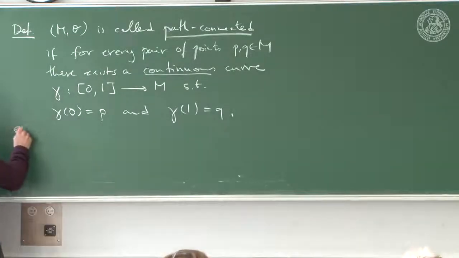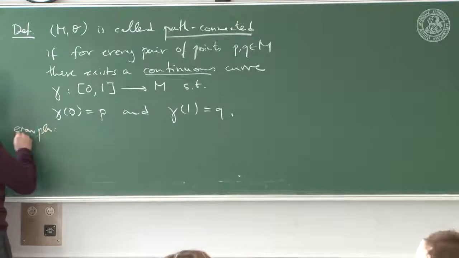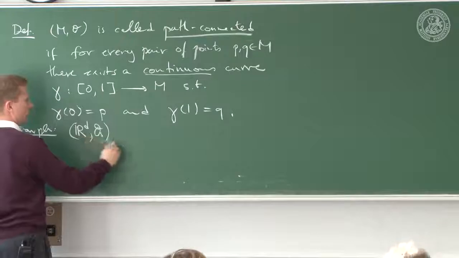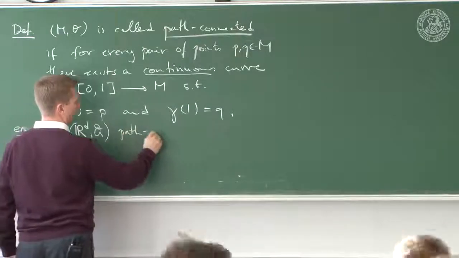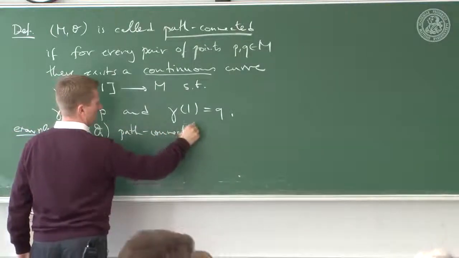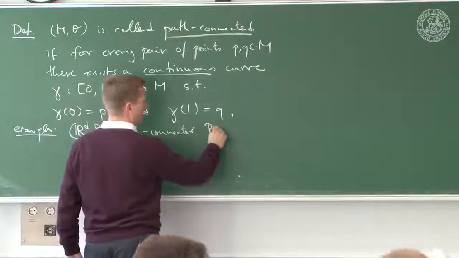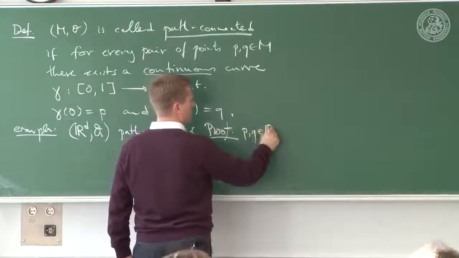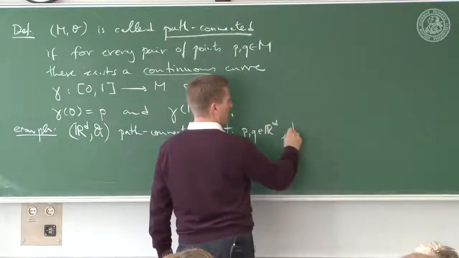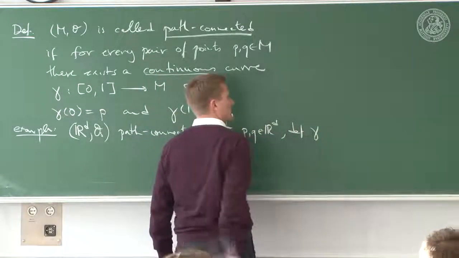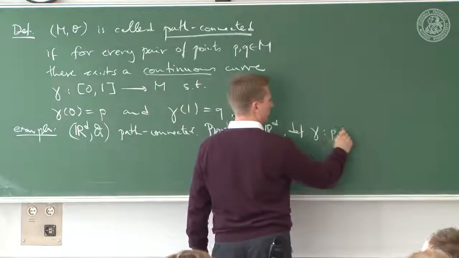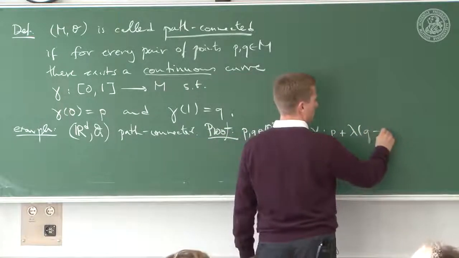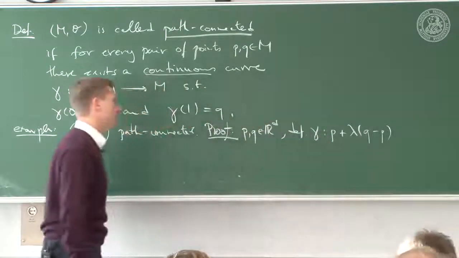So, examples. R^D with the standard topology is path connected. The sketch of the proof is very simple. Take two points P, Q out of R^D and define the curve by starting at P and going lambda times Q minus P, where lambda is the parameter.